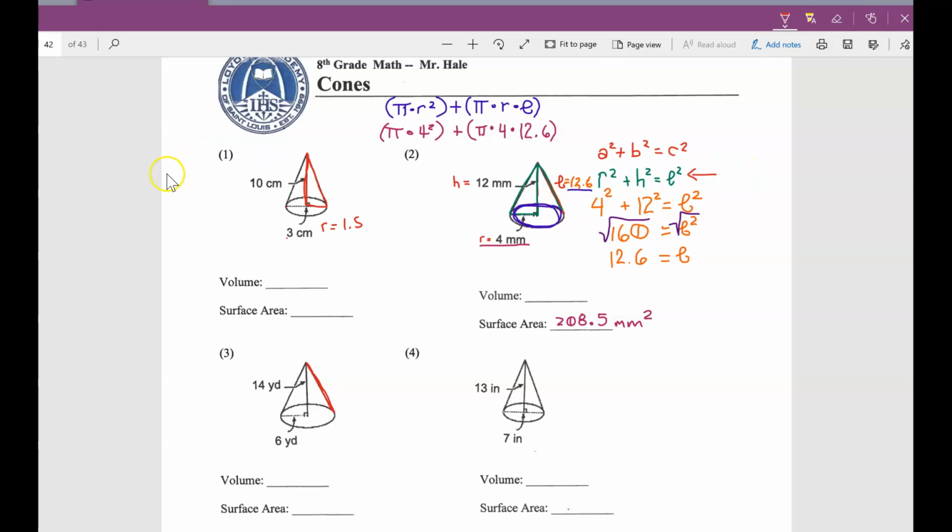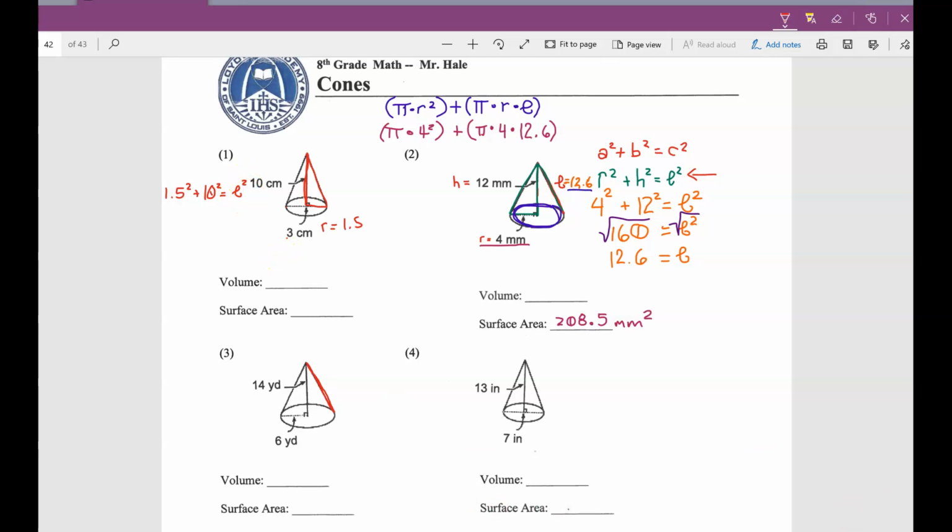So then let's convert that into our Pythagorean theorem formula. Radius squared is 1.5 squared, plus our height squared is 10, so that's 10 squared. And that will give us our slant squared.